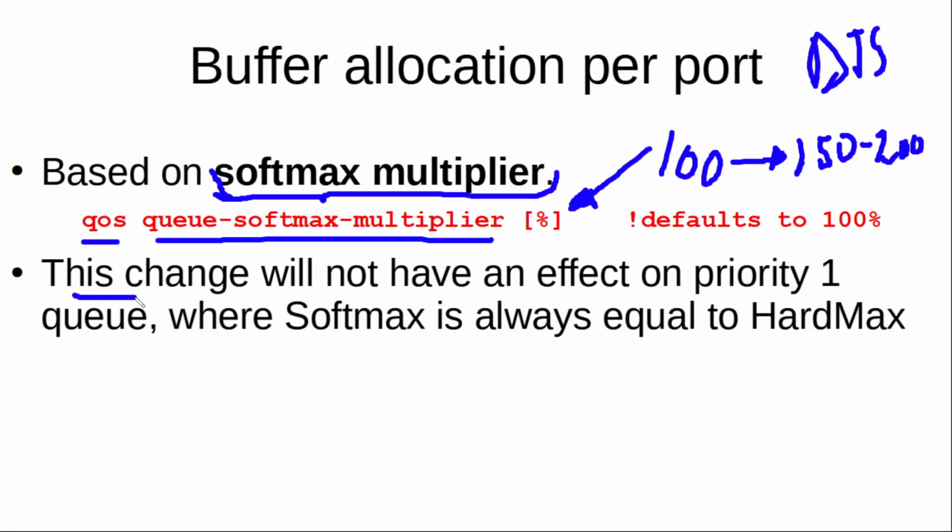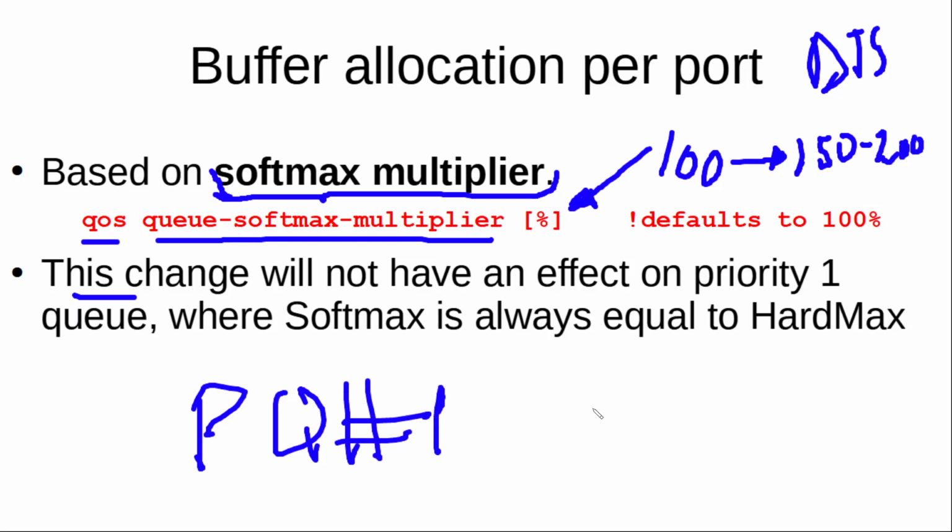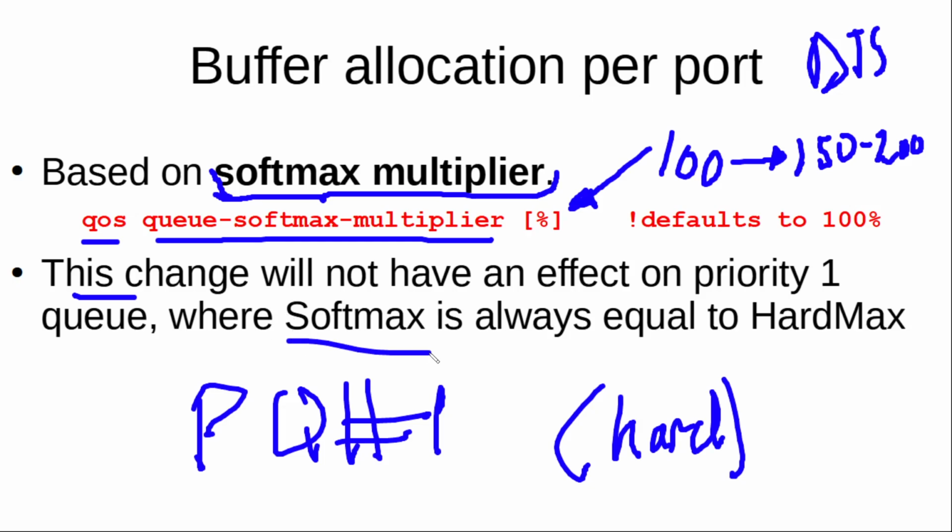Remember that this change will not have an effect on the priority queue number 1, because priority queue number 1 only uses hard buffers. This command influences the allocation of soft buffers. So it will influence the value of SOFTMAX, but it will not influence the value of HARDMAX.